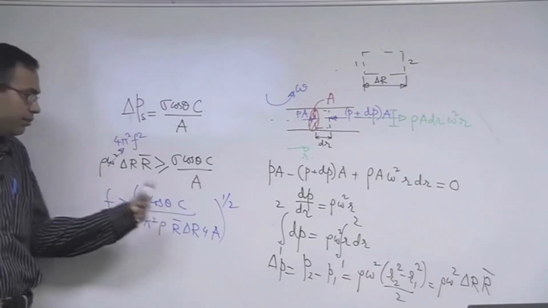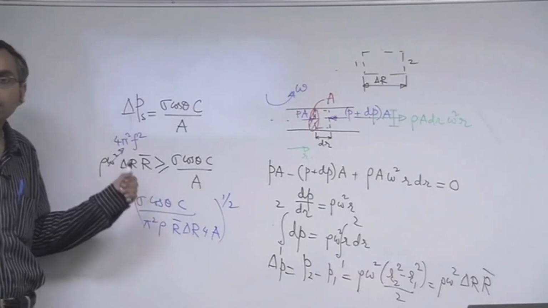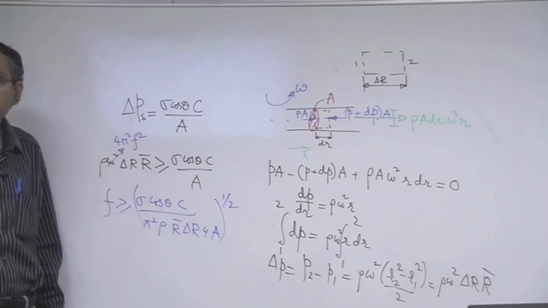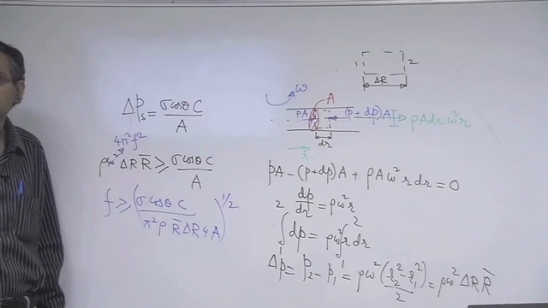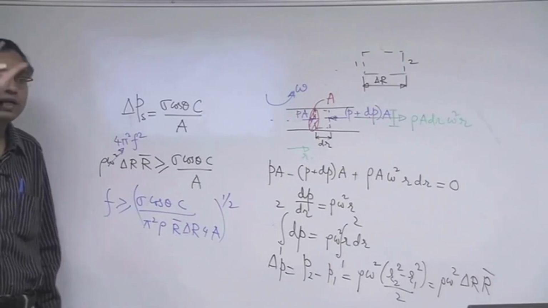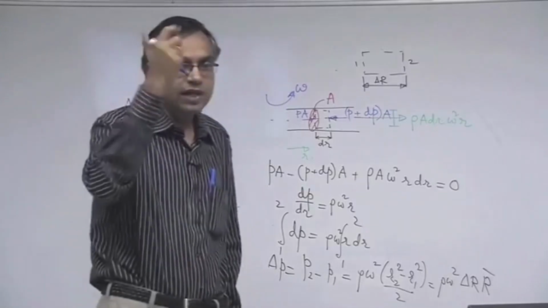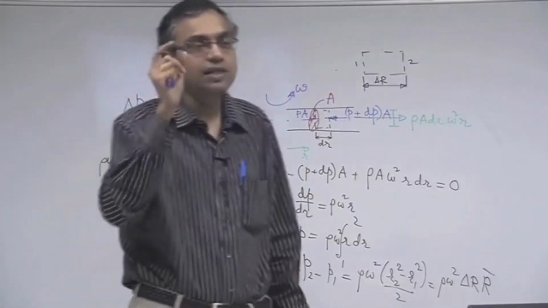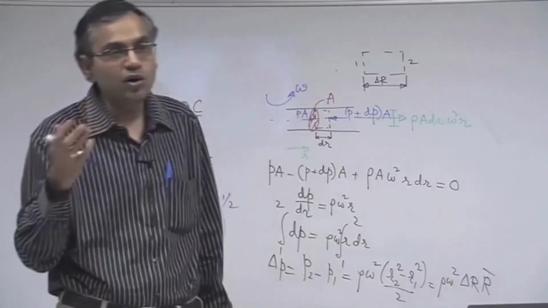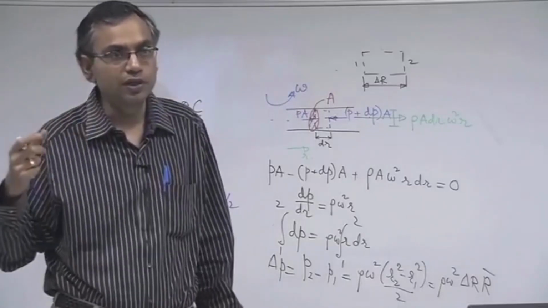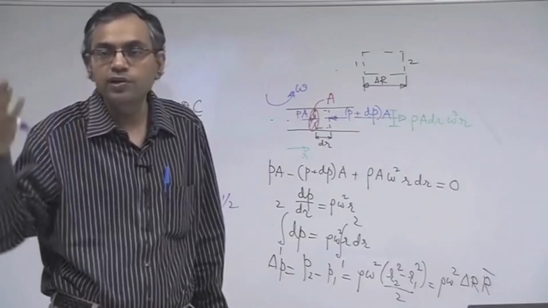By this simple formula you can calculate the expected speed at which the fluid will start moving, the expected rotational frequency of the disc. This is a very basic design parameter. You must know the speed at which you should rotate the disc so that the fluid will start moving, otherwise you cannot do any fluidics with it.